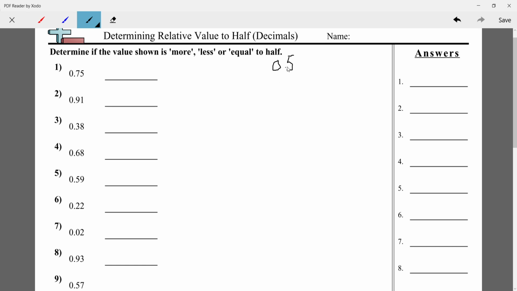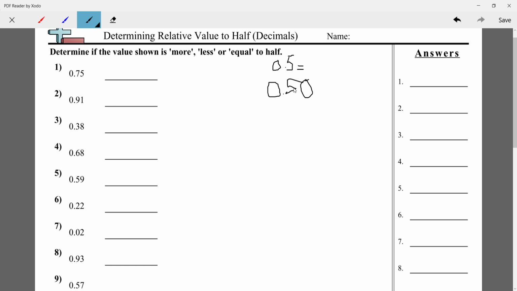So one thing that we can do, if this is 5/10, is add a 0 at the end, and it does not change the decimal. So 5/10 is equal to 50 hundredths, or 0.50.